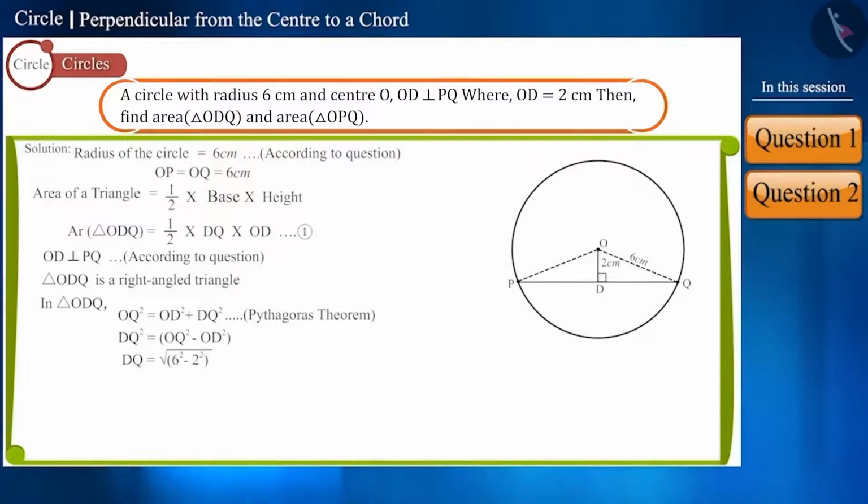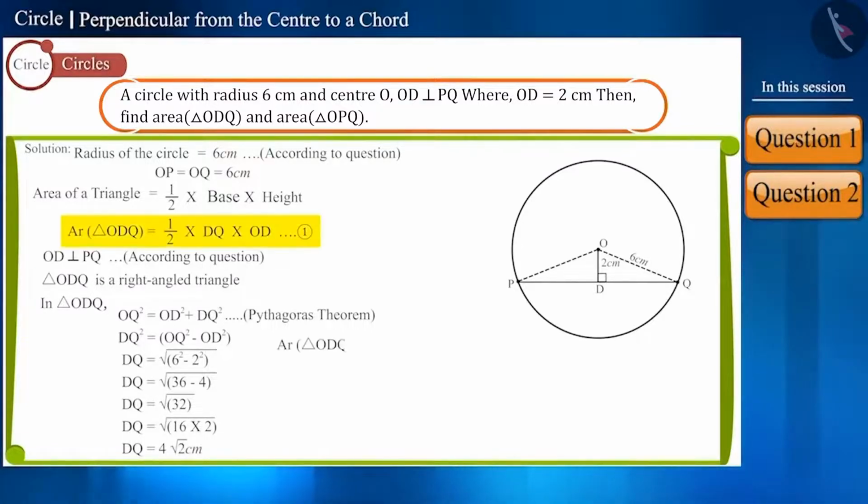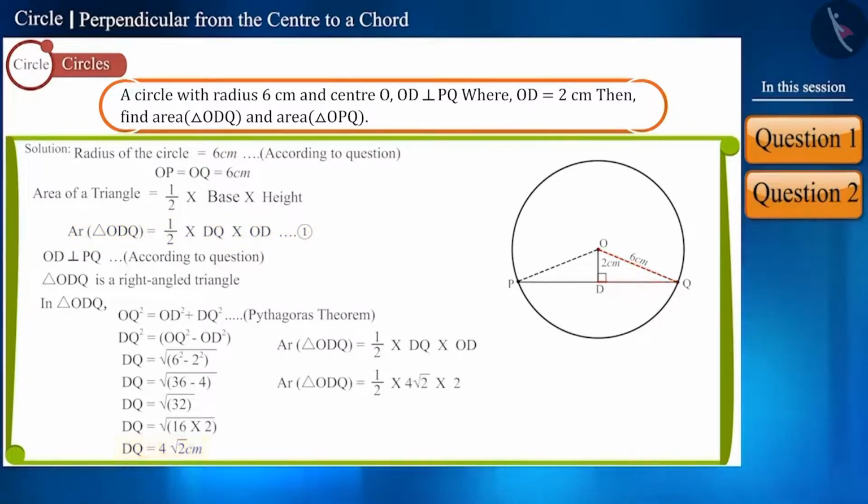Here, we get the length of DQ as 4 square root of 2 cm. Now, by placing the values of DQ and OD in equation 1, we can find the area of triangle ODQ. We get the area of triangle ODQ as 4 square root of 2 cm square.